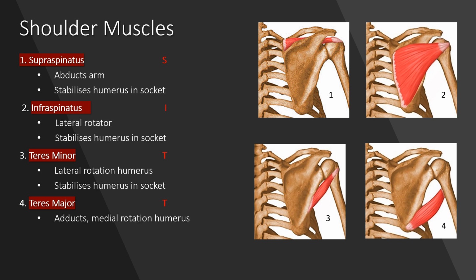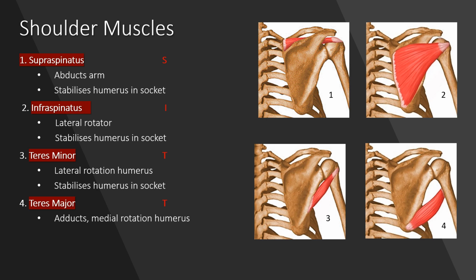So what it's telling us is that the supraspinatus is superior or above the spine of the scapula. And you can see the spine of the scapula there. At the top of the scapula, it's like a spine, and it sits, the supraspinatus, in a sort of hollow between your clavicle and your scapula.